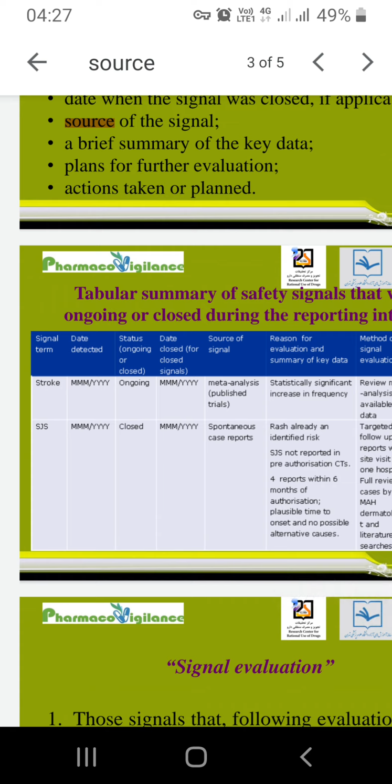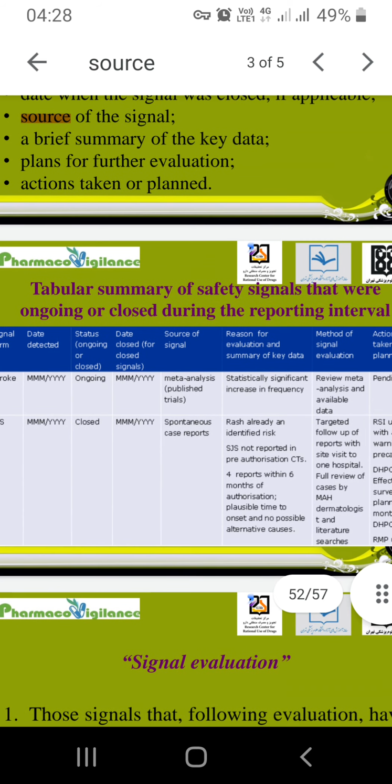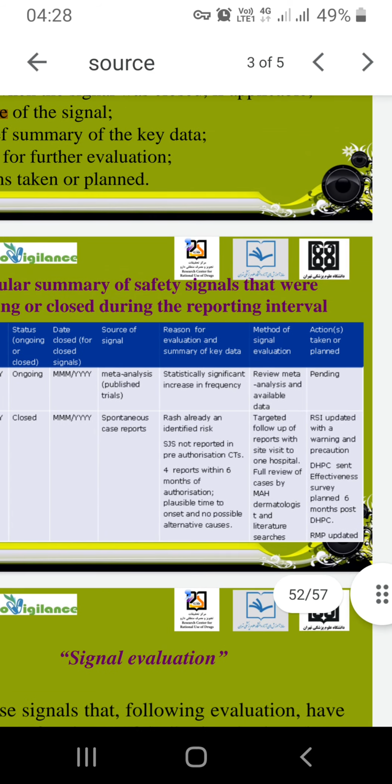SJS, signal term is SJS, Stevens-Johnson syndrome. Date detected. We should write the date. Status: ongoing or closed. This one is closed. Date of the closed or ongoing signals. Source of the signal: spontaneous case reports.